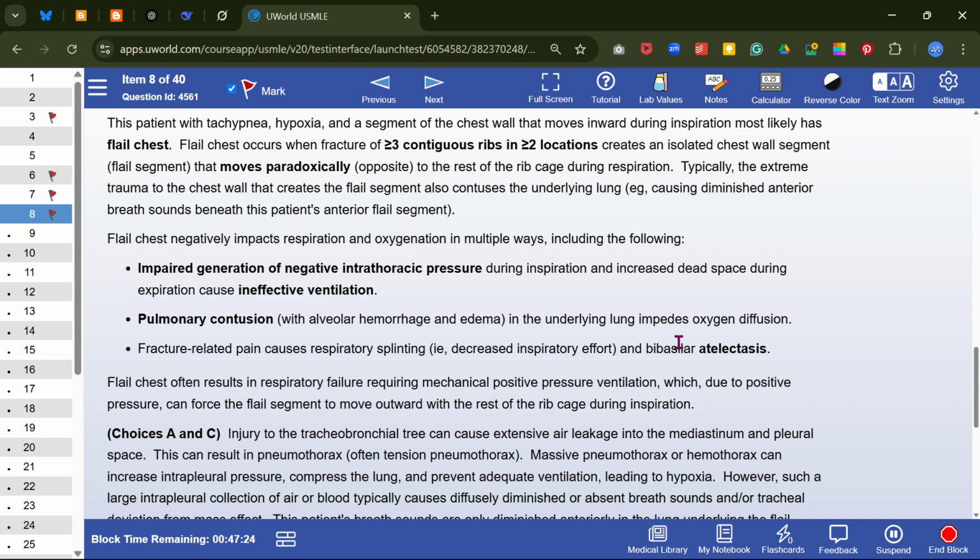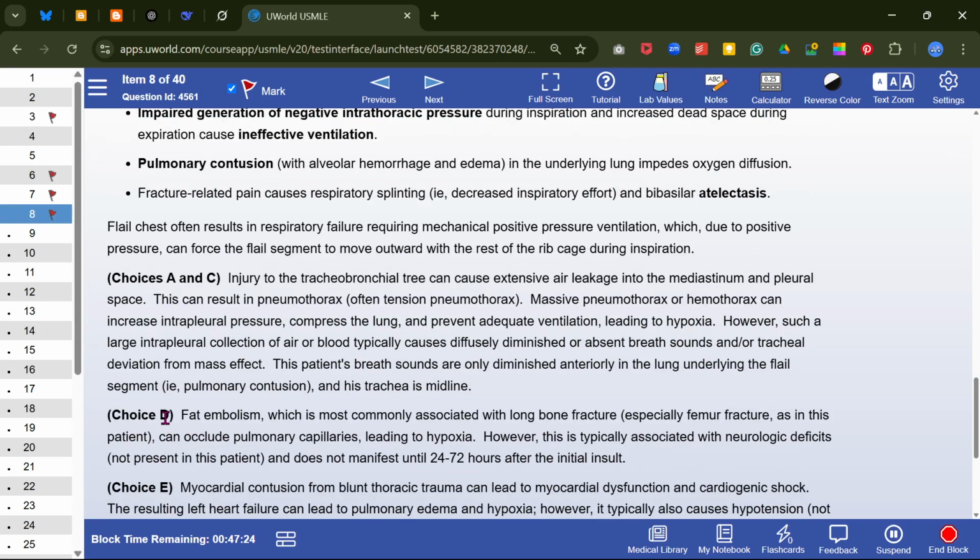Okay, yes. Injury to the tracheobronchial tree can cause extensive air leakage into the mediastinum and pleural space and can result in pneumothorax, often tension pneumothorax. Massive pneumothorax or hemothorax can increase the intrapleural pressure, compress the lung, and prevent adequate ventilation, leading to hypoxia.